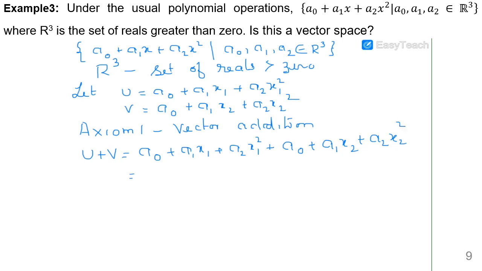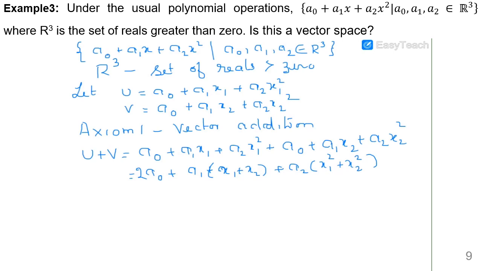So when I add it, I get 2a0 plus a1 (x1 plus x2) plus a2 (x1 square plus x2 square).